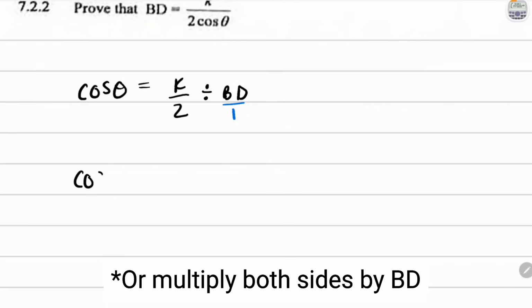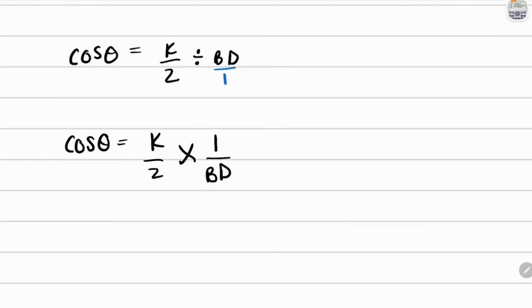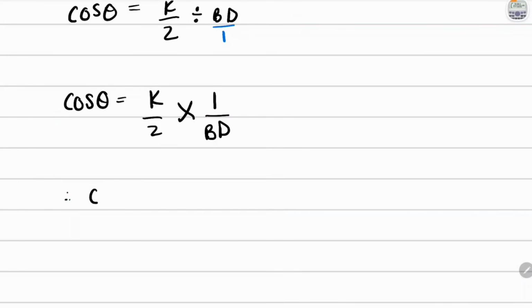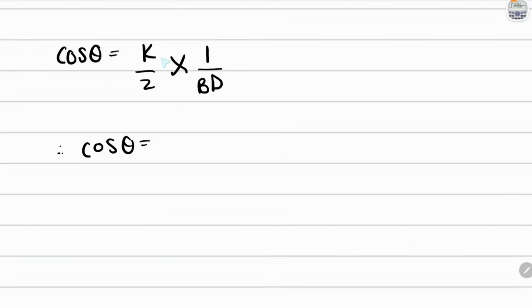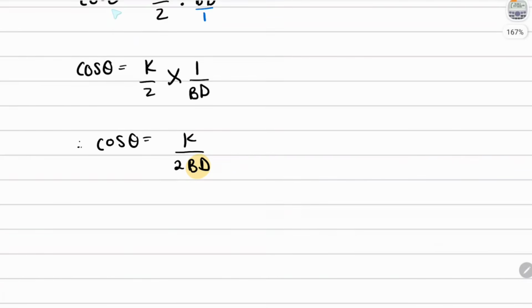So cos theta is equal to K over 2, then the division, and since we're dividing by a fraction, we flip the fraction, giving 1 over BD, and then you multiply. So cos theta is equal to K times 1, which is K, over 2 times BD, which is 2BD. Now you just have to make BD the subject, and you can do that by cross multiplying. So put cos theta over 1 to make them both fractions.